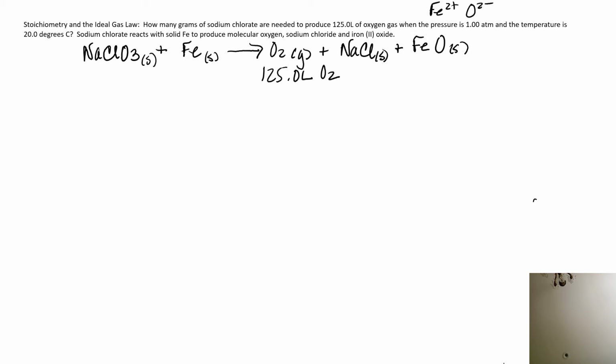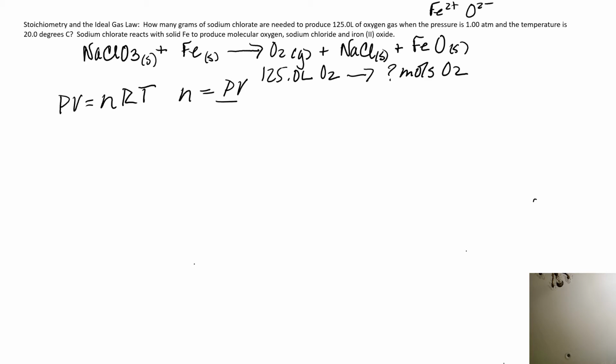In order to use stoichiometry, we need to know how many moles of O2 are in that 125 liters. And we can calculate that using PV equals nRT and solving for n, number of moles. So n equals PV divided by RT.